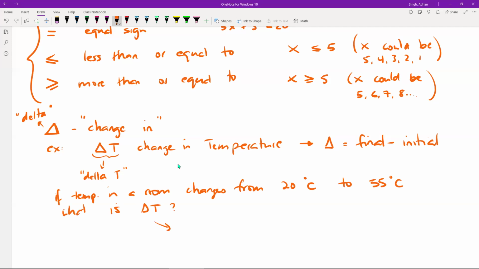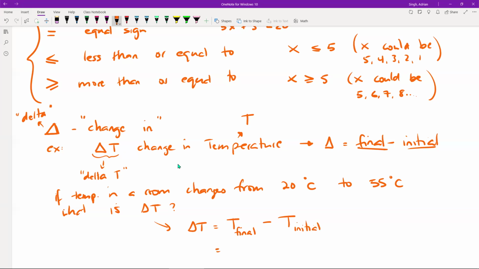Well, delta T here would be the final temperature minus the initial temperature. So temperature here, we're abbreviating that as T. So the way that we would write that, we would say T subscript final minus T subscript initial. That's the initial temperature.